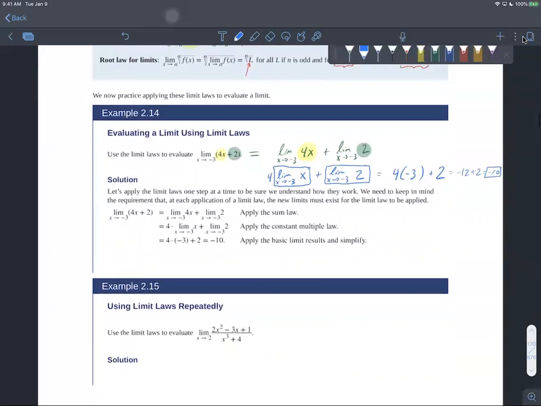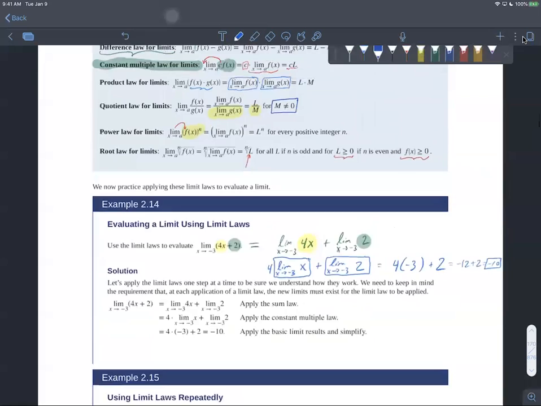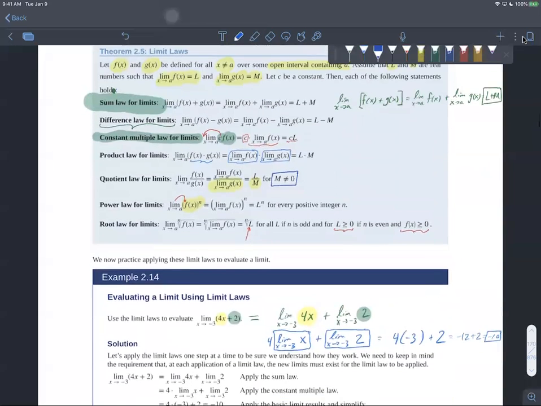Before we look at the solution here, let's go ahead and just break it down ourselves. I'll do it one step at a time. When we have the limit of a fraction, this is the quotient law for limits.